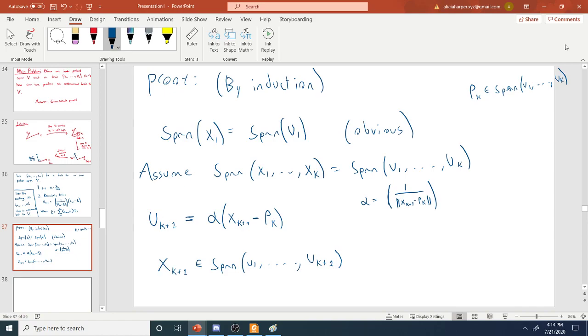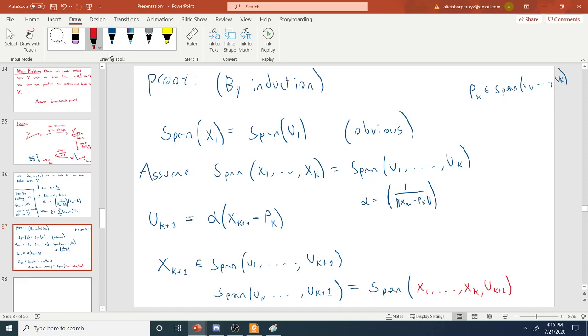Thus, the span of u1 through uk plus 1 in fact has to be equal to the span of x1 through xk and uk plus 1.